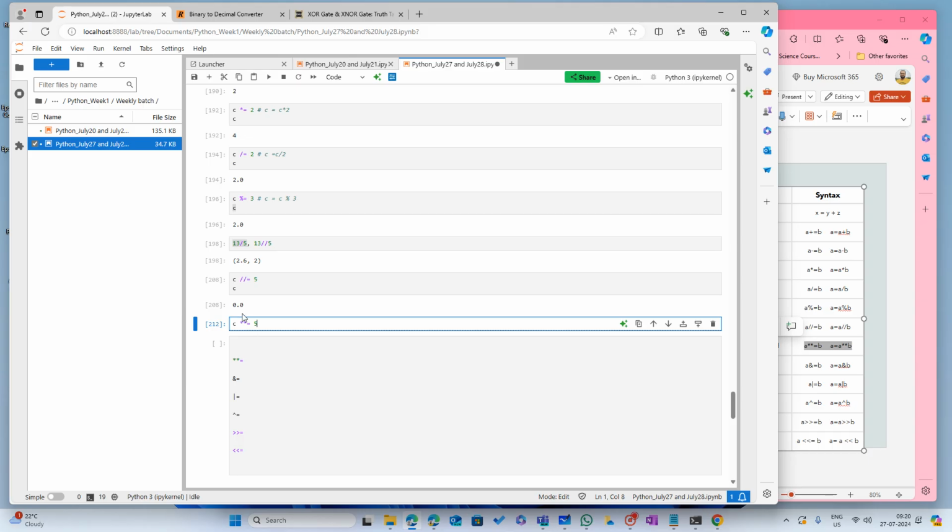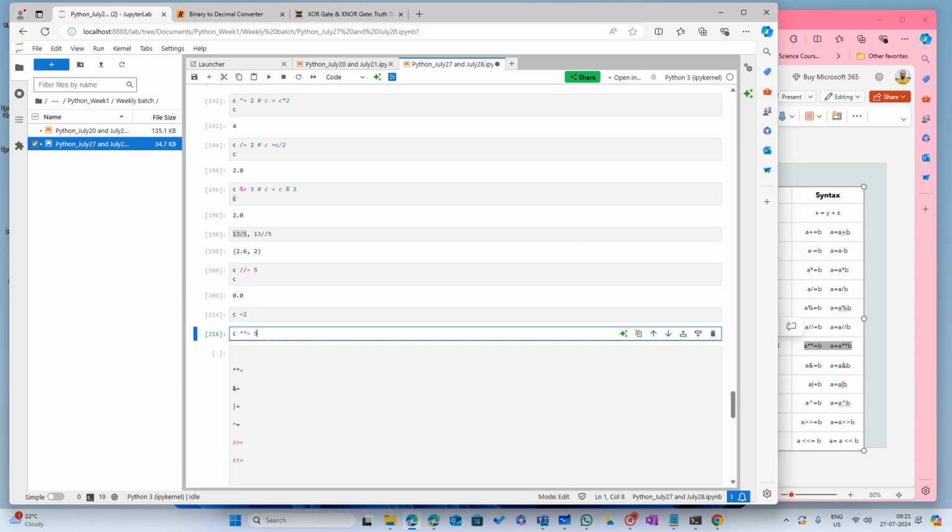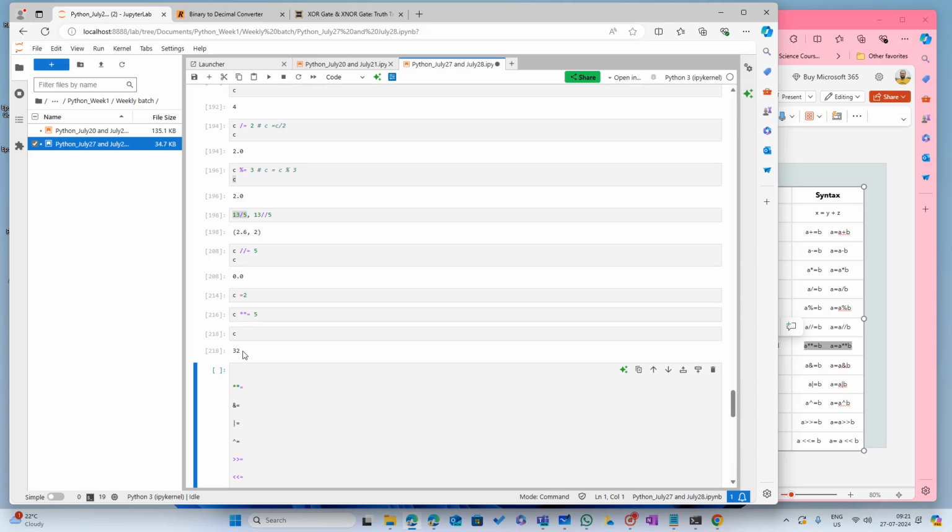Okay, let me change the value. Let's just say C is equal to 2 for simplicity. Now if you see, C value is 32. This means C is equal to C power 5. That's what it means.